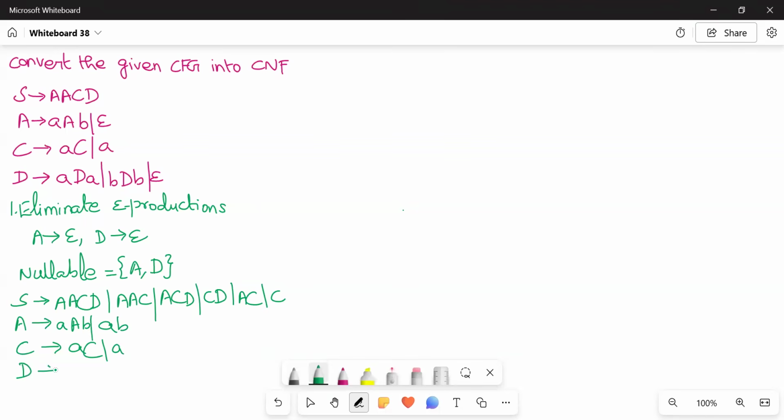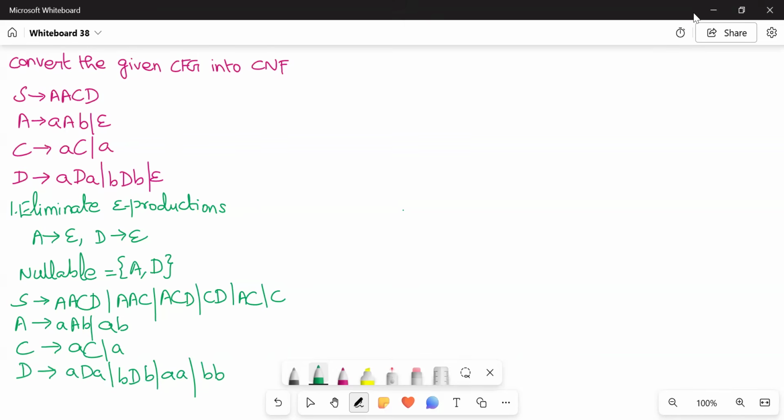Then D tends to ADA or BDB. We should not substitute epsilon. Now here D is nullable. If we consider epsilon for this D, we get only AA. Then if we substitute epsilon for this D also, we get BB. So this is the first step.